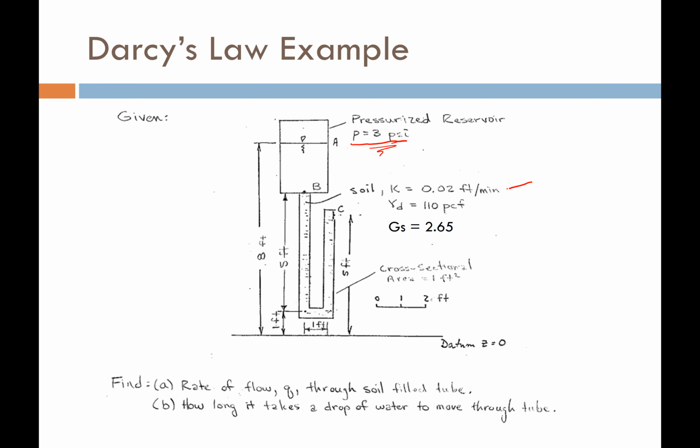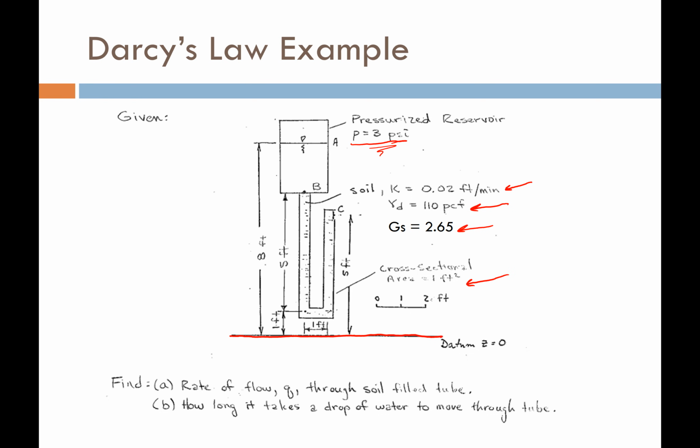It's given to us that hydraulic conductivity is equal to 0.02 feet per minute for this soil in the tube. The dry density of the soil is 110 pounds per cubic foot, and the specific gravity is 2.65. It's also given that the cross-sectional area of this pipe is 1 square foot. A datum is given to us, drawn down here, from which all of our measurements are being made.